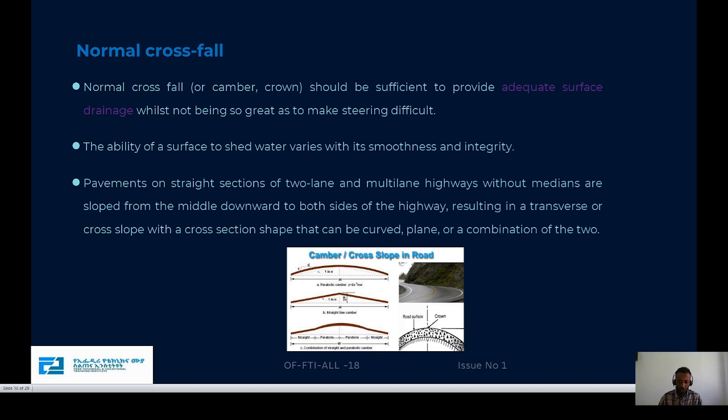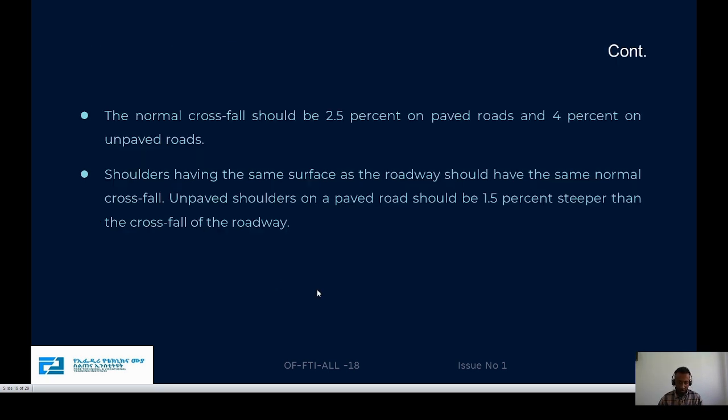As you see in the figures, the first is a parabolic camber, the second is a straight line, and the third is a combination of the two, a curve as well as a straight center. Mostly any water will be drained from the carriageway.